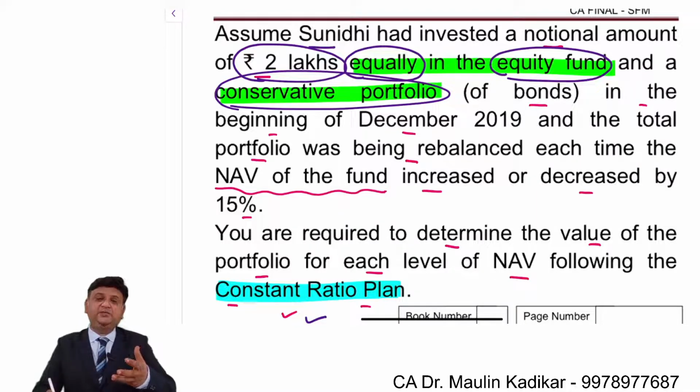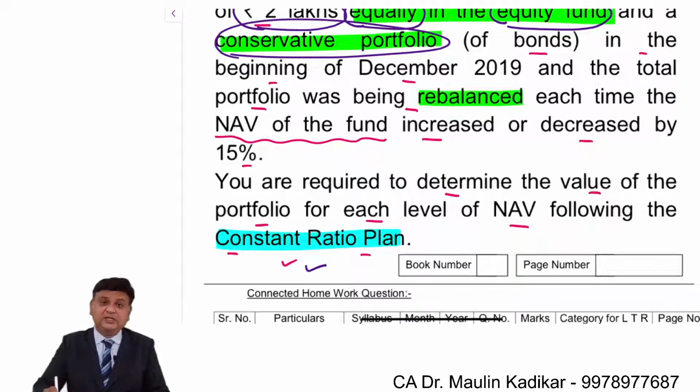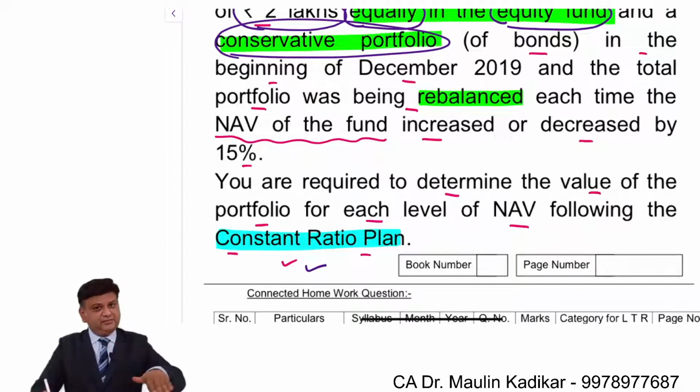That is the way you will start with the portfolio. That is the first thing. The second thing is that she will be doing rebalancing on a monthly basis. Every time, will she reshuffle the portfolio?